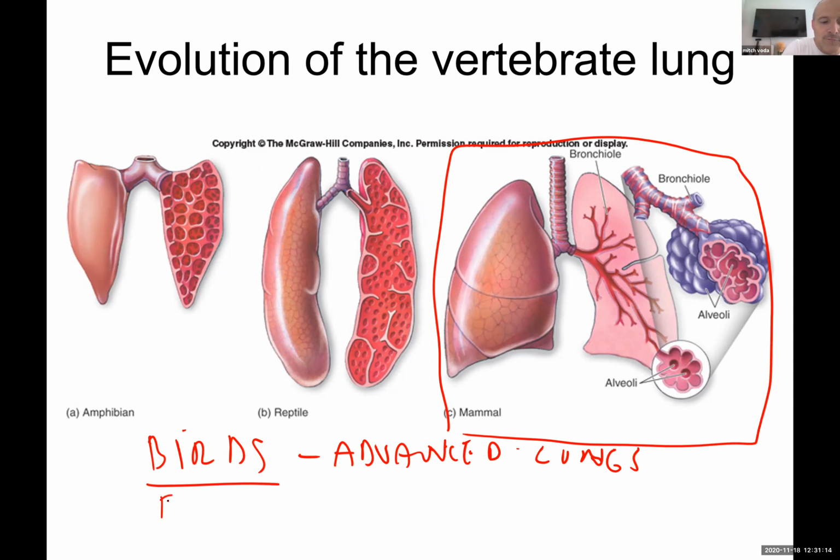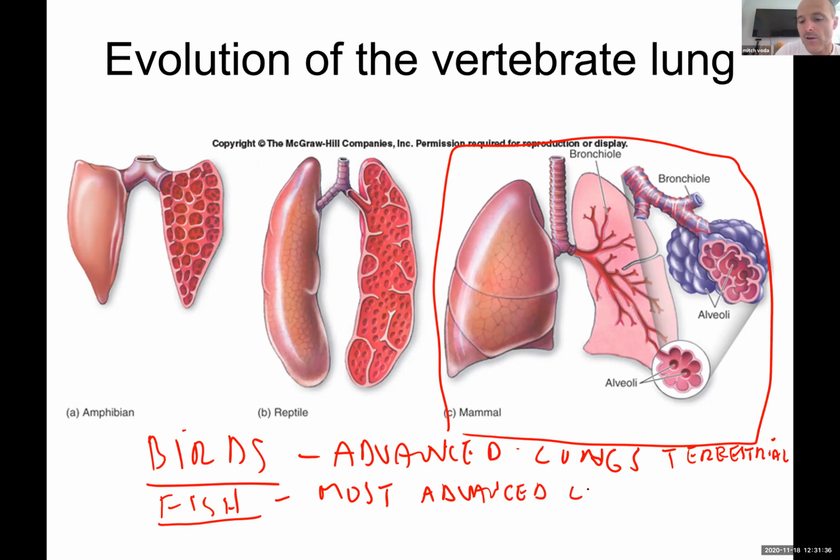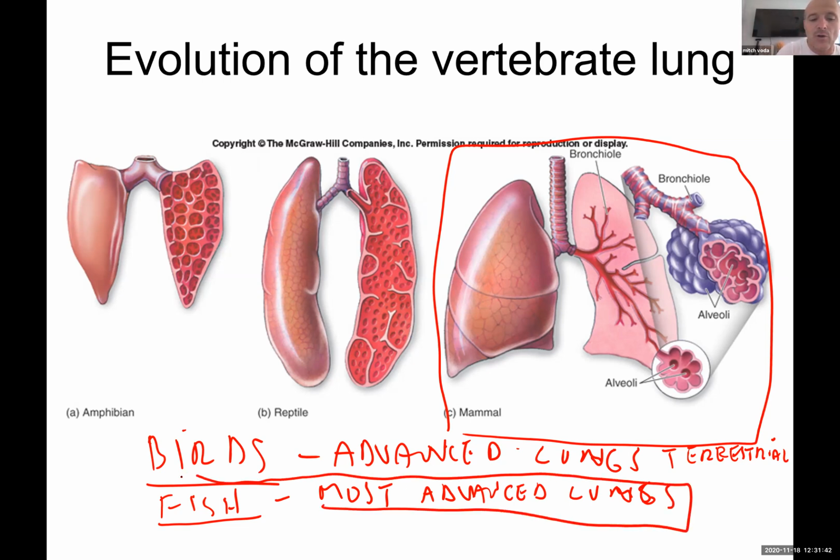But overall, we have advanced lungs for terrestrial animals, for birds, terrestrial, or above the water. Now fish, you have the most advanced technology, because there is very little oxygen in water. So these are the most advanced out of all of the lungs, the fish, the gills.